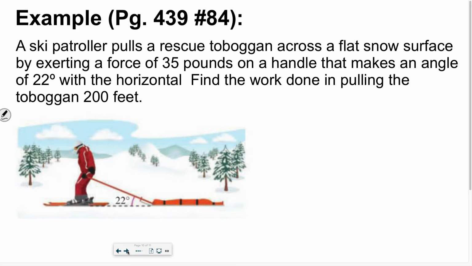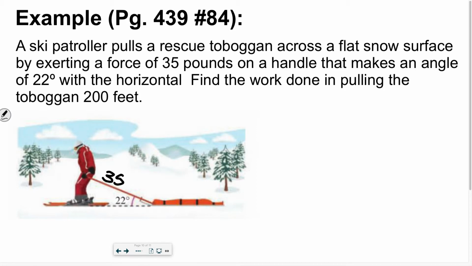Okay, the ski patroller pulls a rescue toboggan across a flat snow surface by exerting a force of 35 pounds on the handle. So just like yesterday, when we were doing some with the initial velocity, that was the magnitude, all of the velocity of the object. All of the force of our object is our magnitude.